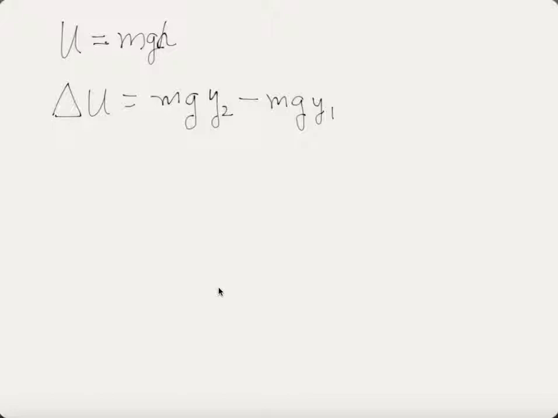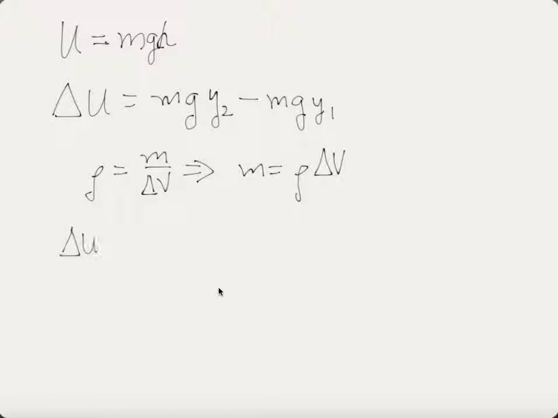Since we know that density is just equal to m over the volume, this implies that m is just equal to rho times delta V. And we're going to put that into this equation.